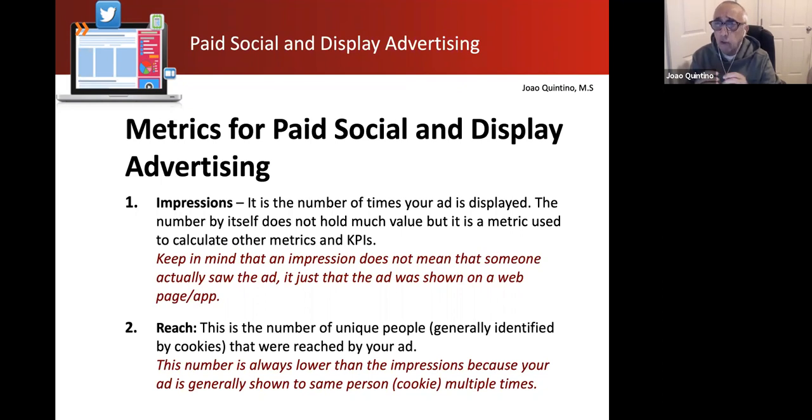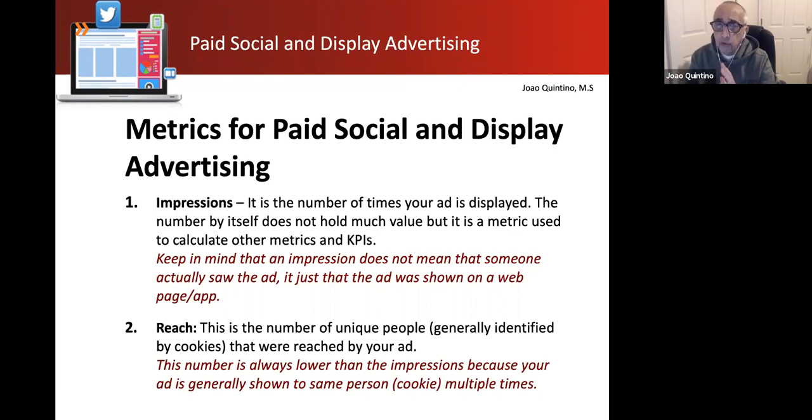It counts as 1 reach because the ad reached me, and it's called 1 impression. But then if I go to another website and get the same ad, it's called another impression. That's 2 impressions, but since it's showing to me, I'm just 1 reach.